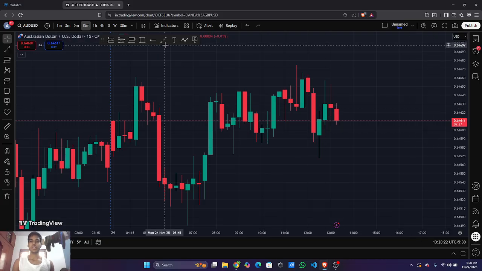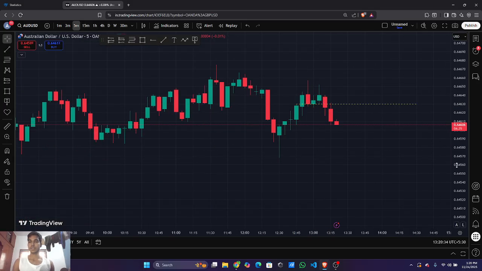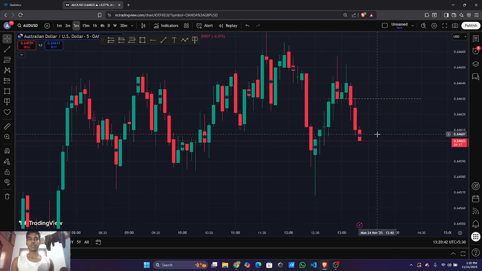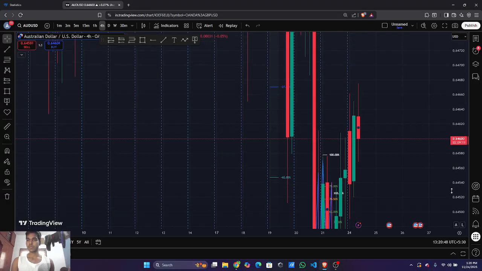15-minute is bearish. So far it gave a breakout structure for the downside. The candles are really strong, so I would not like to enter unless it closes above this level. Okay, it already gave an M pattern. So yeah, market is aligned because GBP is also bearish, Euro too, but in the higher time frame AUD is okay.